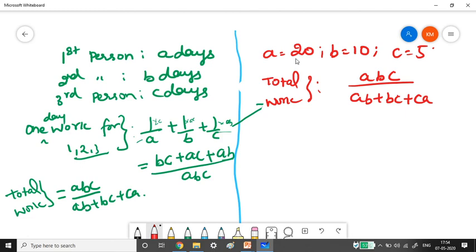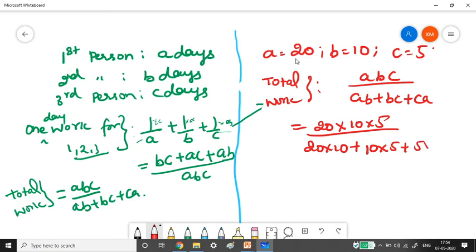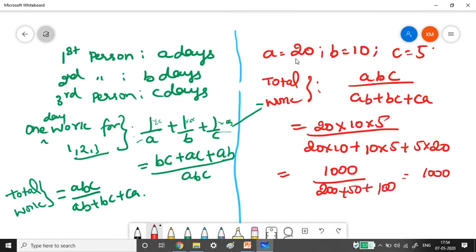So what is ABC? 20 into 10 into 5, divided by 20 into 10 plus 10 into 5 plus 5 into 20. This gives you 1000 divided by 200 + 50 + 100, so 1000 divided by 350, which can be written as 20/7.